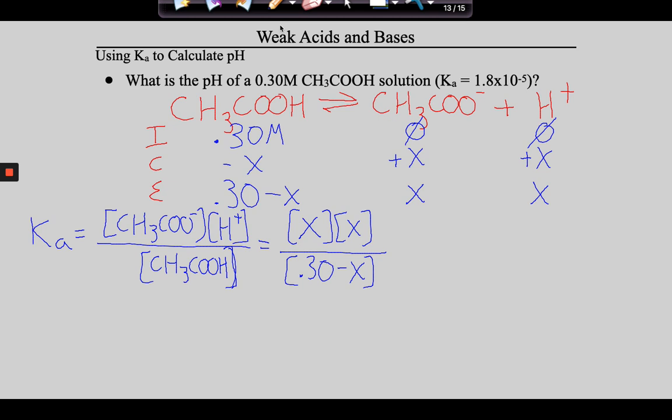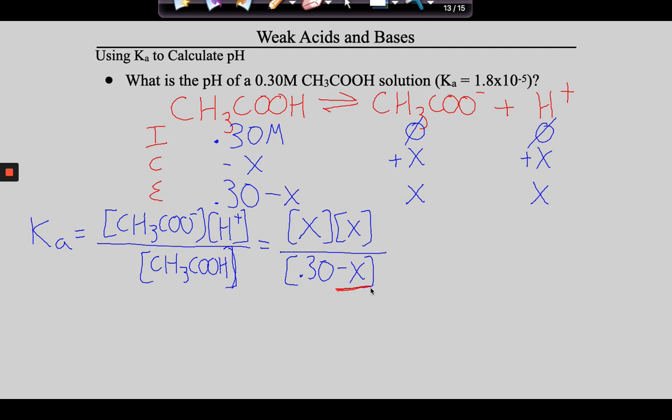So, guys, here's what we've established. Because the Ka of this is so small, not very much of this acid is going to break apart. Now let me ask you this question. What in the icebox represents the amount that's going to break apart? X. So this X right here represents the amount of acid that breaks apart.